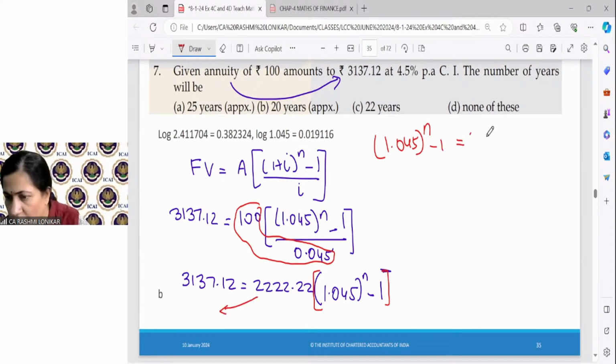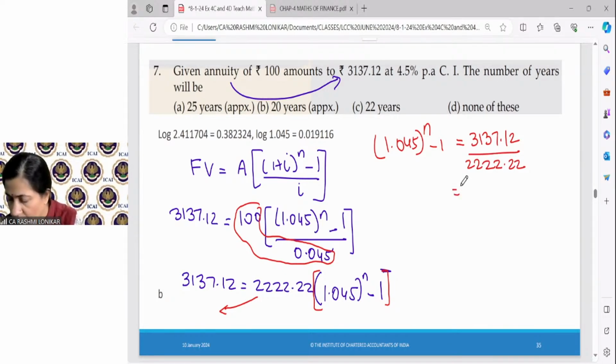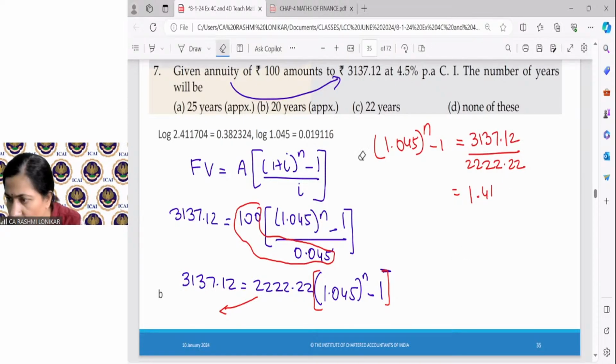So 3137.12 upon 2222.22. How much is this? 3137.12 divided by 2222.22 is 1.4117.